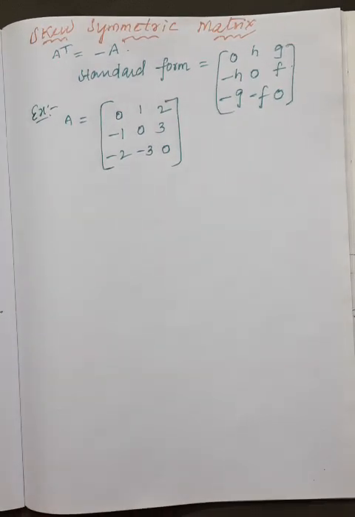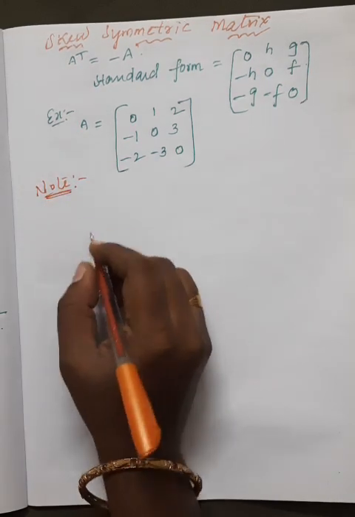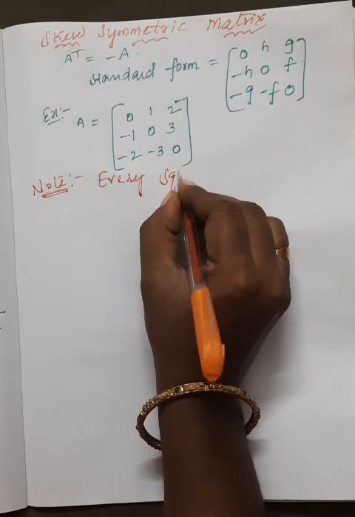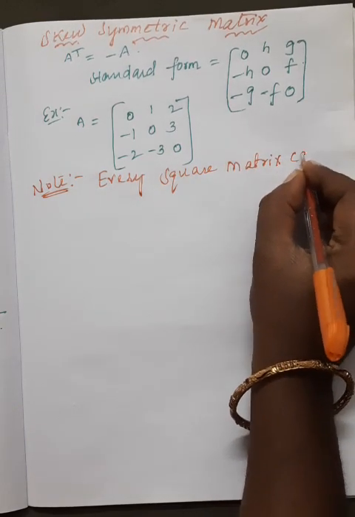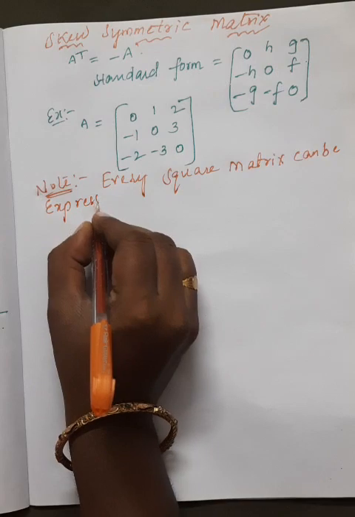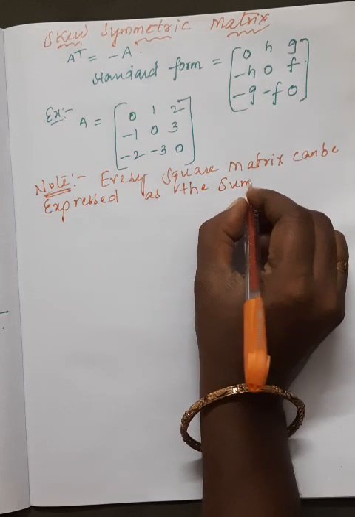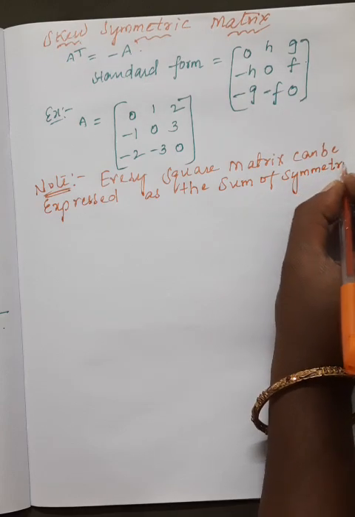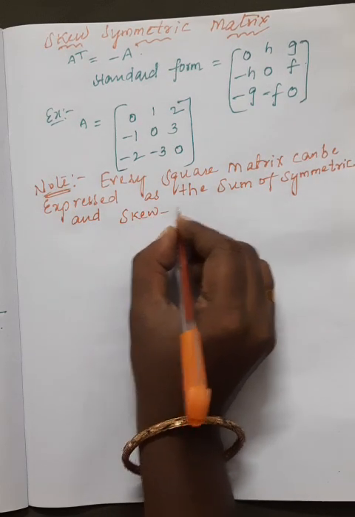Here we have one important note. Every square matrix can be expressed as the sum of symmetric and skew symmetric matrices.